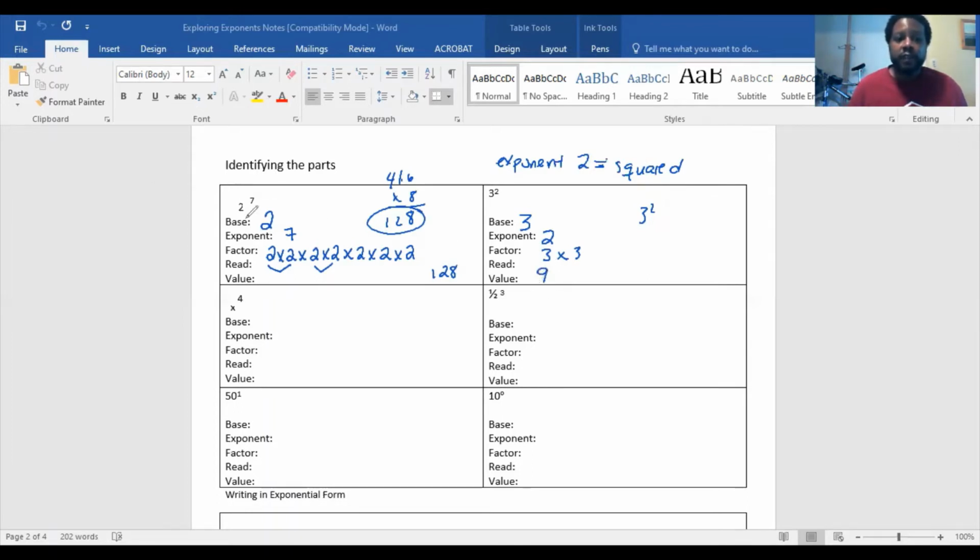I misspoke before, it's 2 to the 7th power. So this is 3 squared, right? Or 3 to the 2nd power.